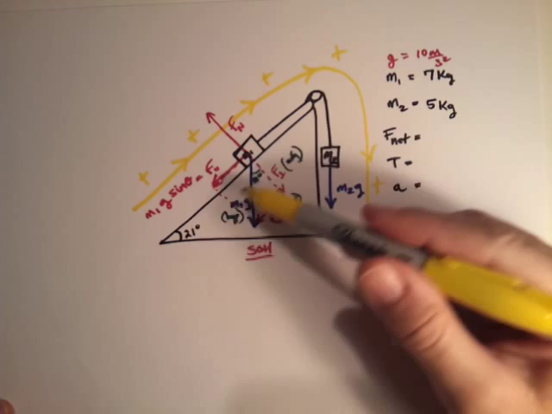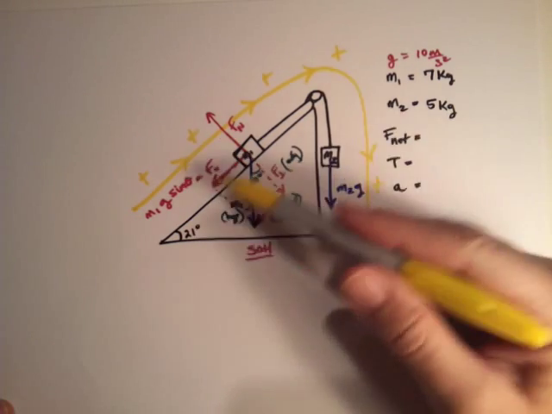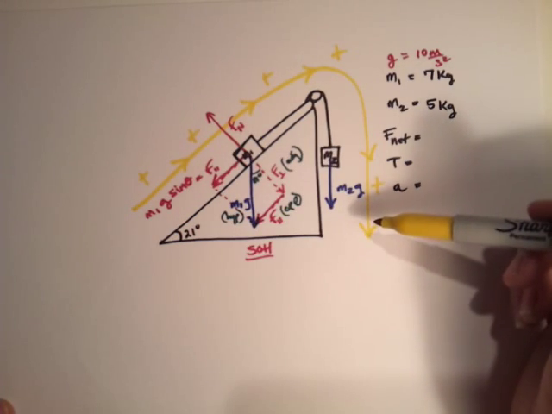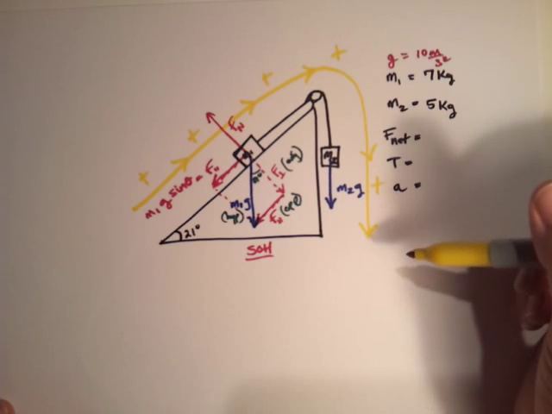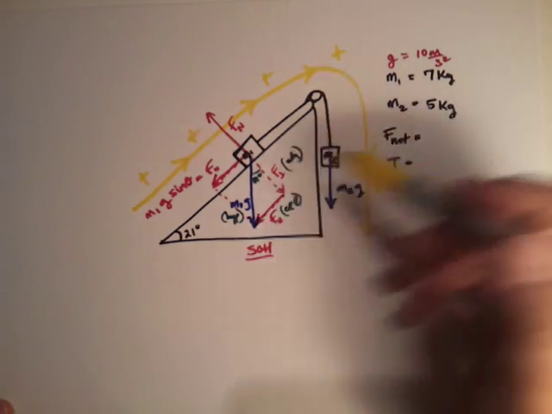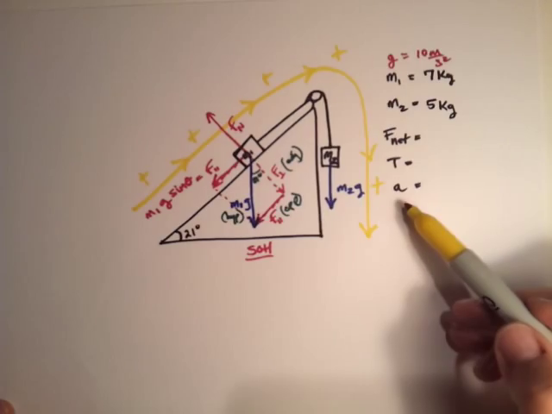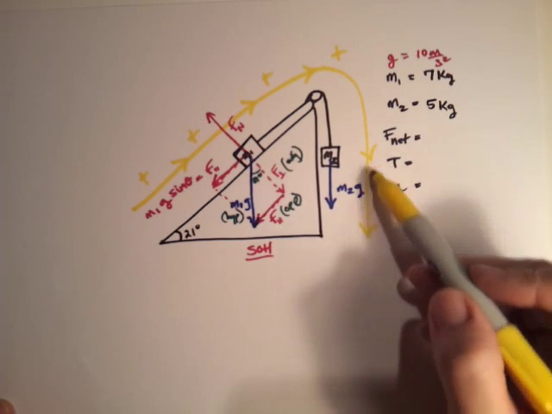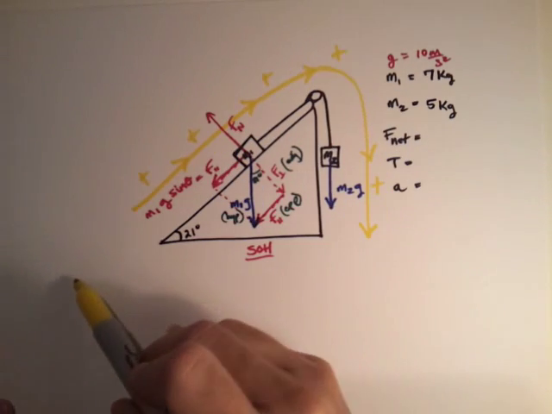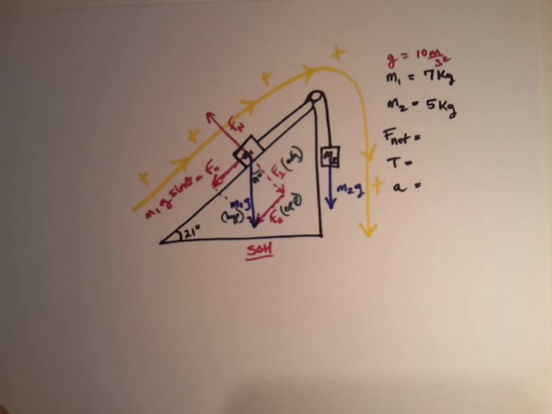We're going to get the same magnitude regardless. We're just going to get the positive or the negative, for example, with the acceleration. If we define this way as positive and we get a negative acceleration, it just means, oops, it actually went this way. No big deal, okay?